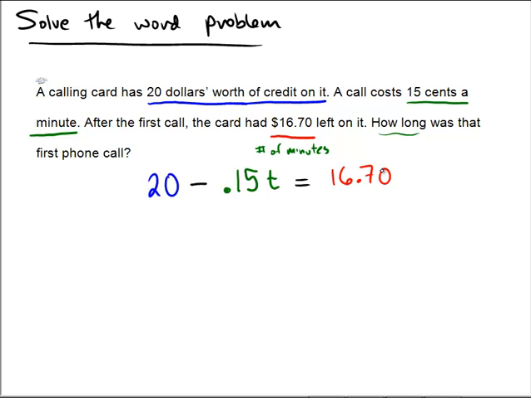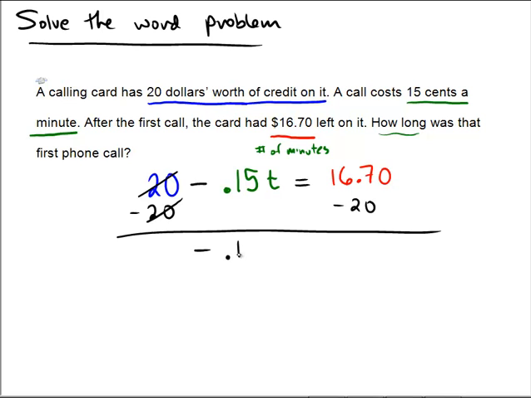But after doing that little bit of work with the translation, now we're in the situation where we have an algebra problem. So now subtract 20 from both sides, allowing the 20s to cancel out, and we have negative 0.15t equals 16.70 minus 20, which would be negative 3.3.